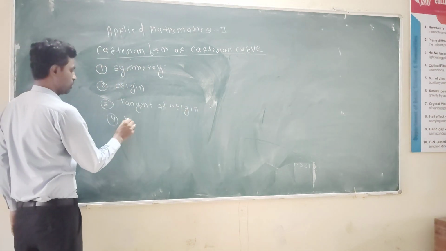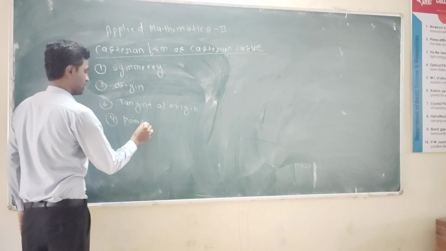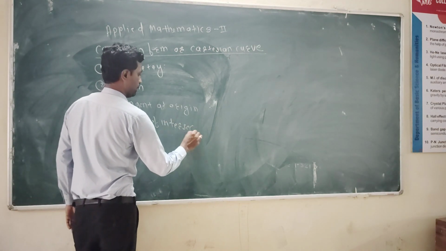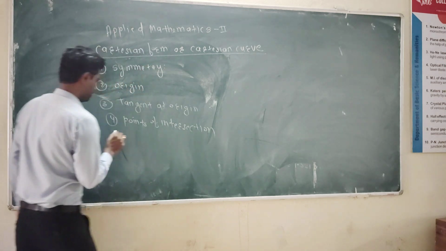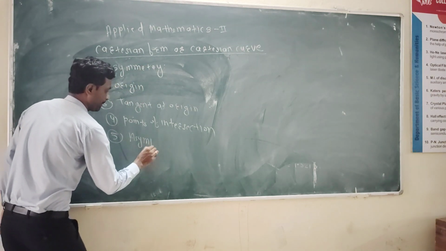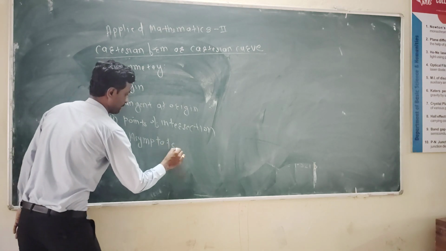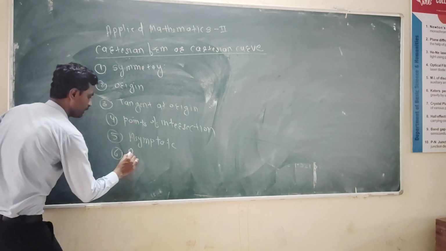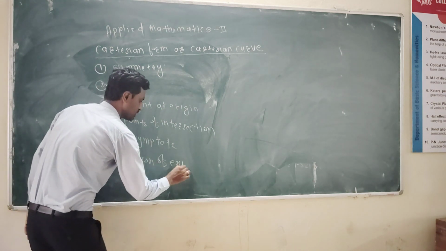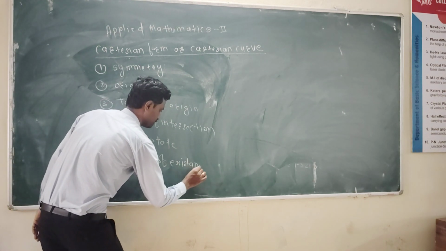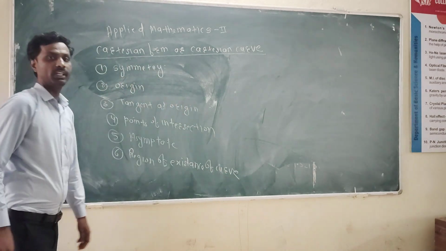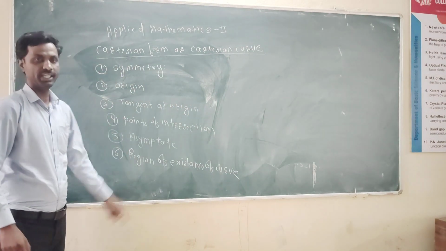Fourth is the points of intersections. Fifth is the asymptotes. And sixth is the region of existence of curve. So we will touch one by one to these 6 points.